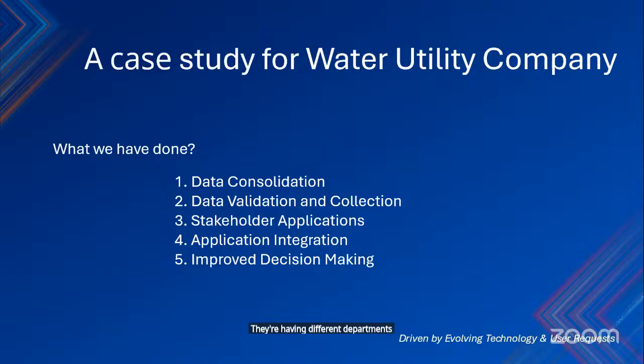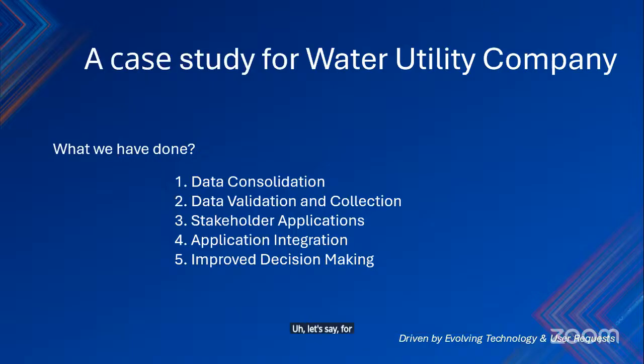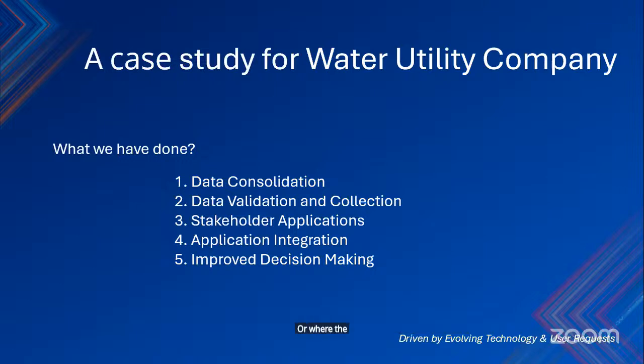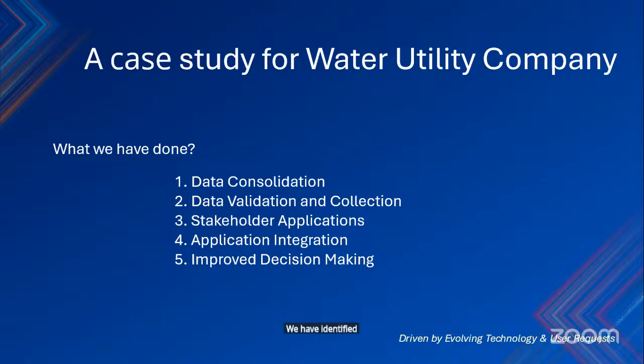For example, the revenue department wants a meter reading application, or they want to look at the data on a GIS map, like which region is giving them the maximum revenue. So we identified what different applications we could possibly give them, and then we provided those applications to them.